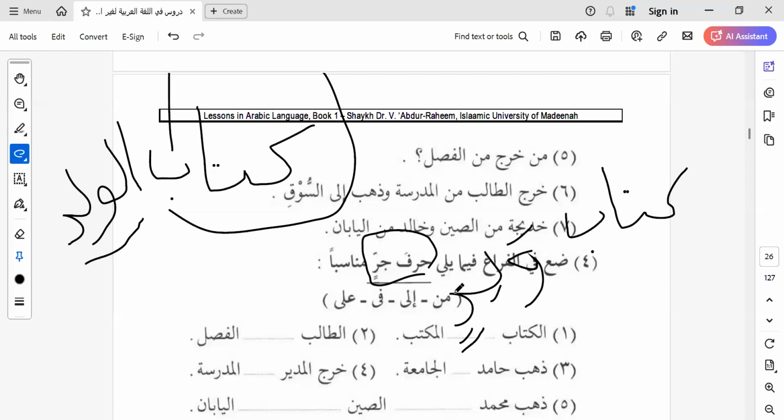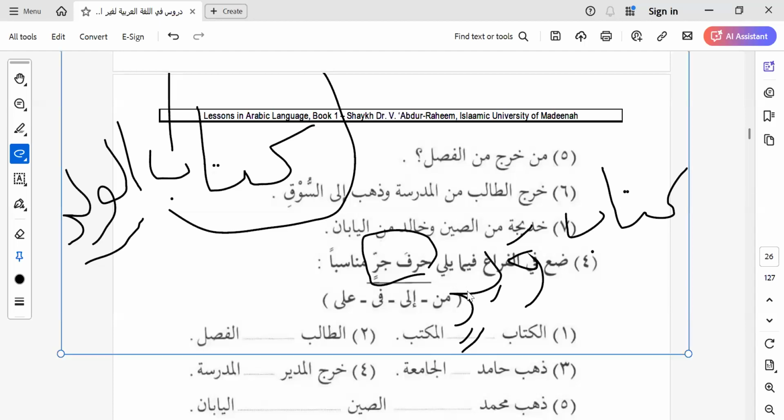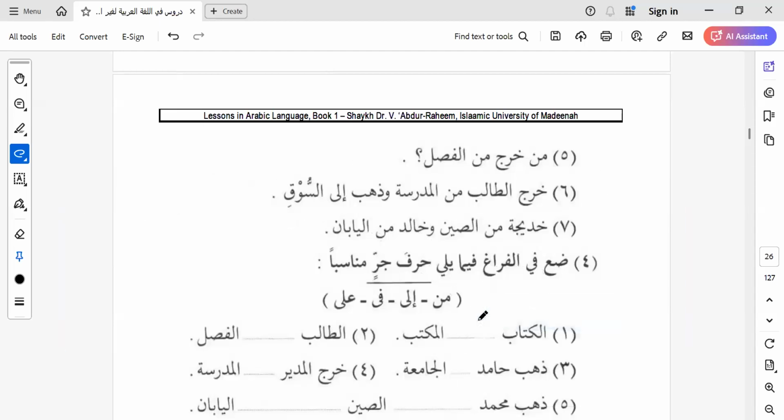It's called mukhassas, that is a reserved or specified noun. Barakallah fik, thank you. So we say the mudaf is not directly called a nakra. We said it's called mukhassas, right?